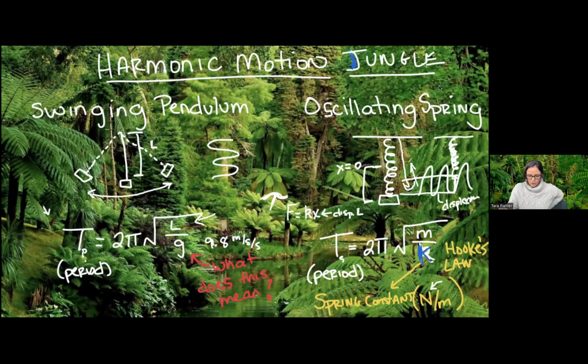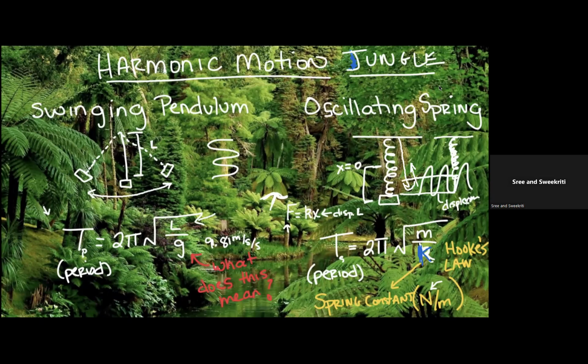In order to find k, you would have to know the force, which is generally the mass of the object times gravity. We did that last class. We measured force by doing the kilograms times 9.8. In fact, it should be 9.81, to find your Newtons. That's your force.